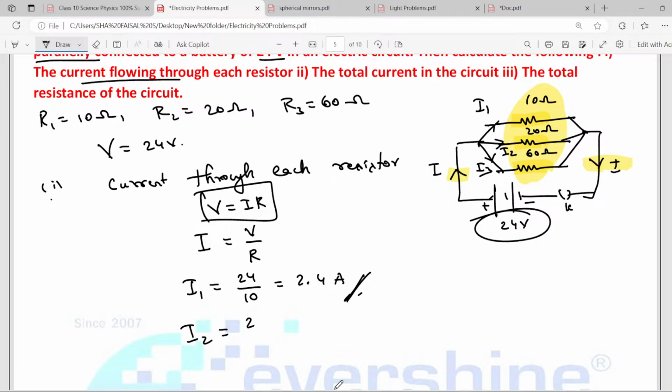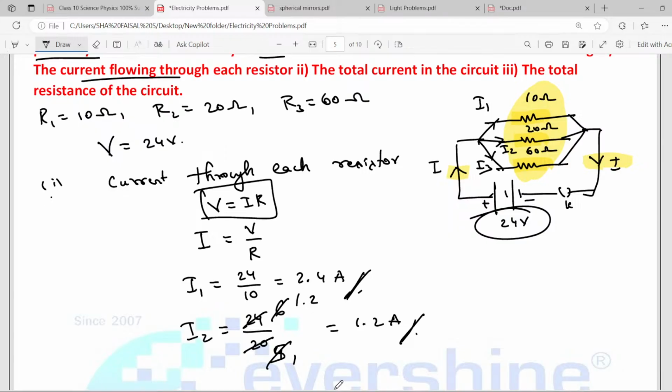Now I2. V, as we know, is 24, it remains the same. R is R2, so 24 by 20. How much? 4 5s are 20, 4 6s are 24, so the answer is 1.2 ampere.